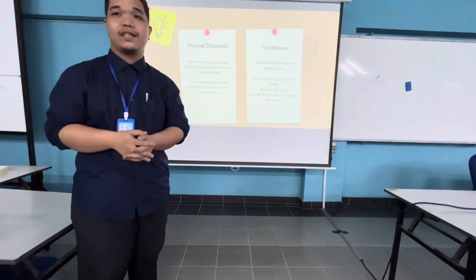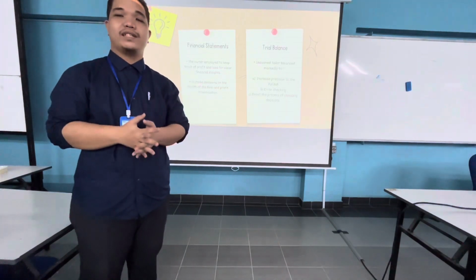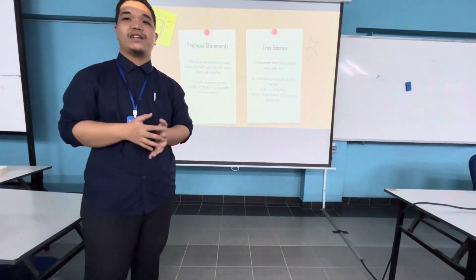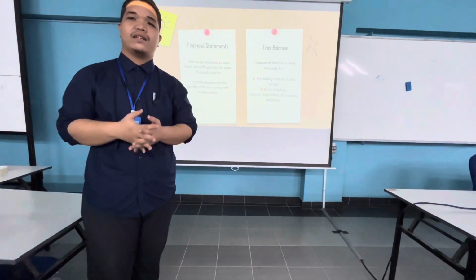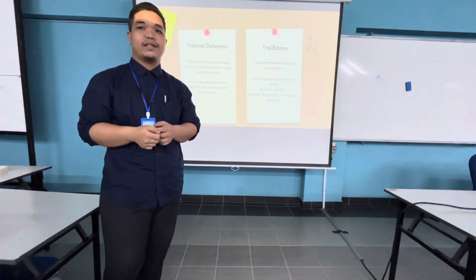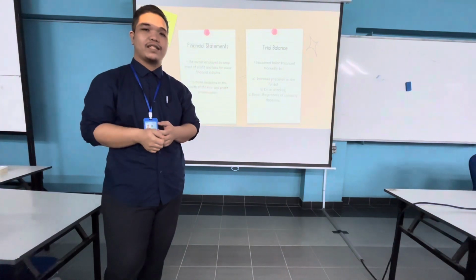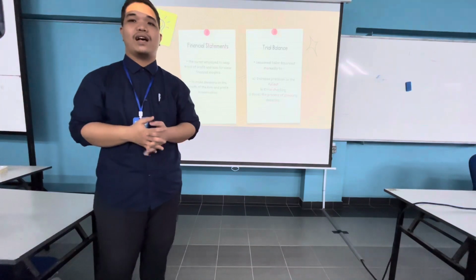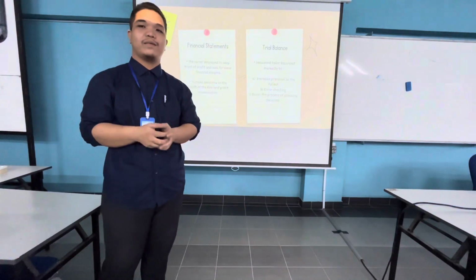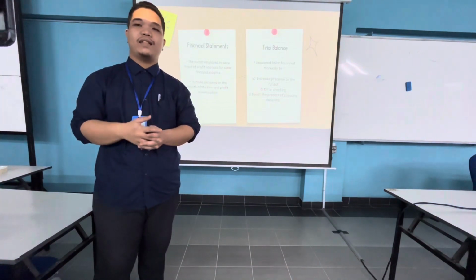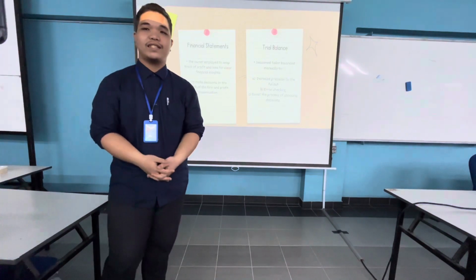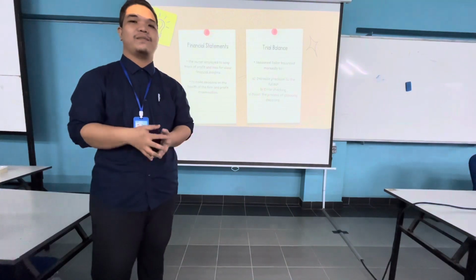After that, reversing entries may be made for certain adjusting entries at the start of a new accounting period to simplify the future accounting process. And finally, the financial results are reported to stakeholders such as the business owner, investors, and tax authorities, providing insights into the financial health and performance of the tailor business.